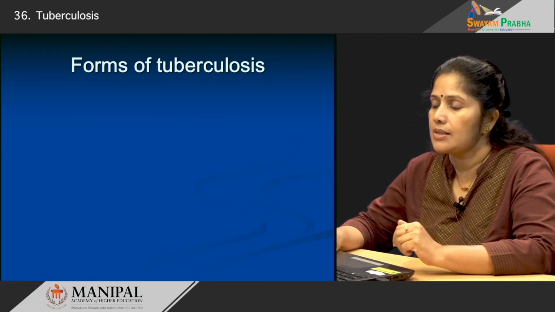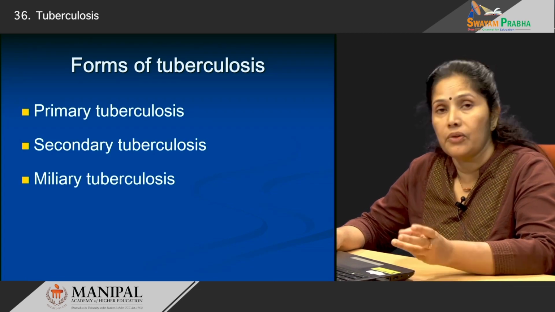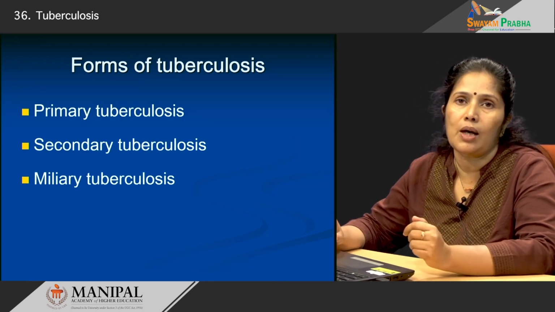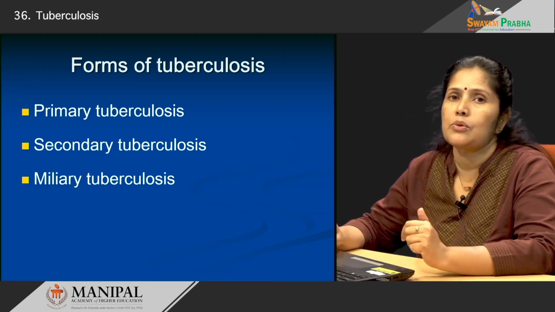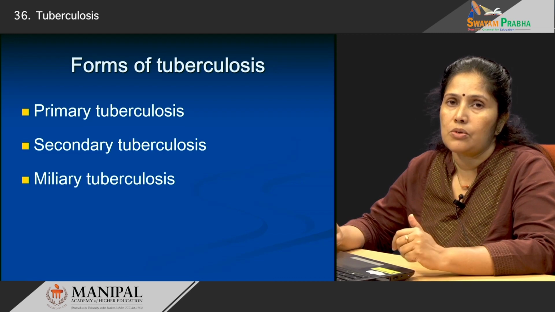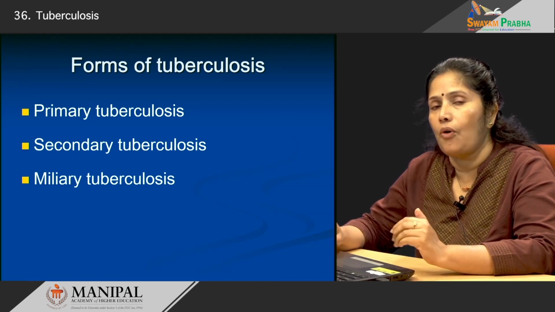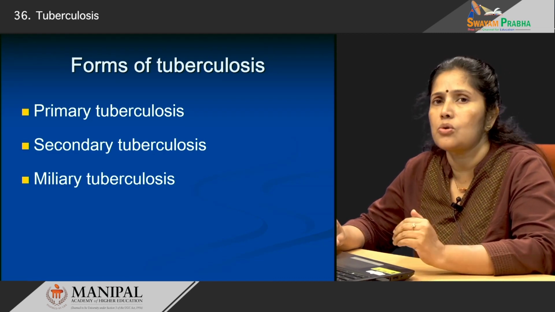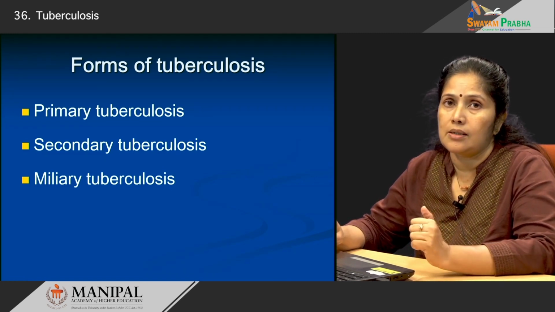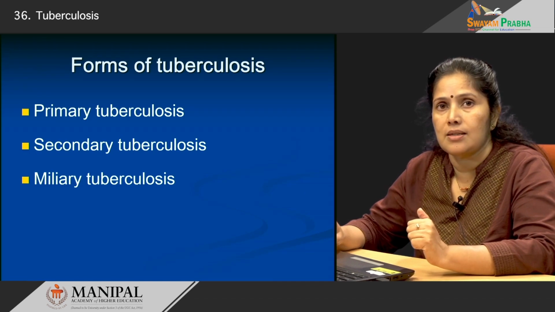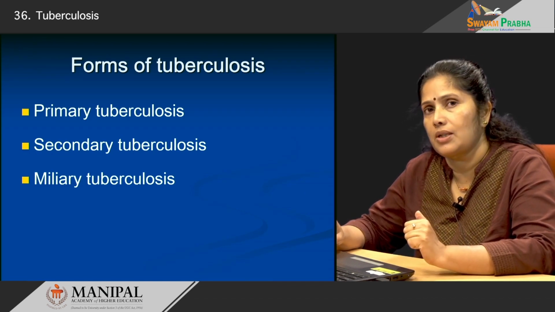This disease presents in three different forms: primary tuberculosis, secondary tuberculosis, and miliary tuberculosis. Let us look at each of these forms, and we will also look at the morphologic changes that occur in the lung in each of these as well as the course of the disease.